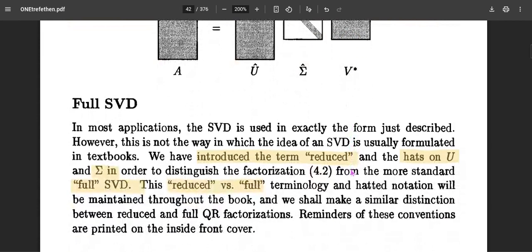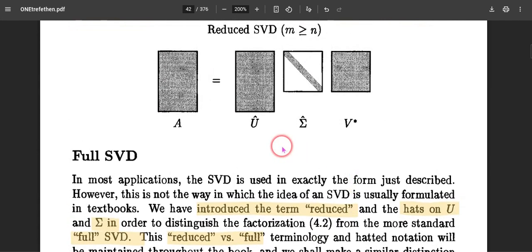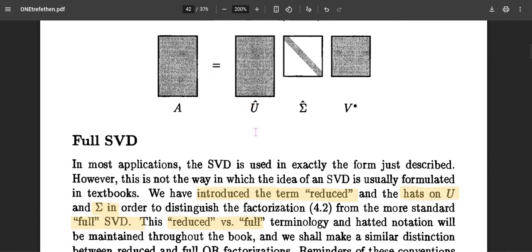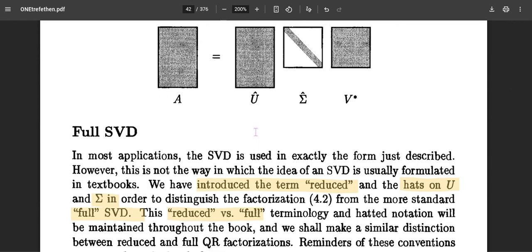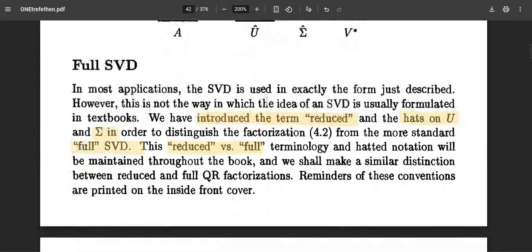What about the full SVD? So we said earlier that it's an m cross n matrix and it's not unitary. In order to make it a unitary matrix, we add arbitrarily m minus n orthonormal columns to this matrix, so that U becomes a square matrix of m cross m.